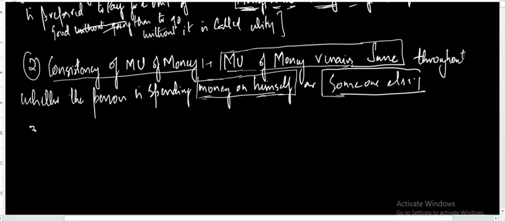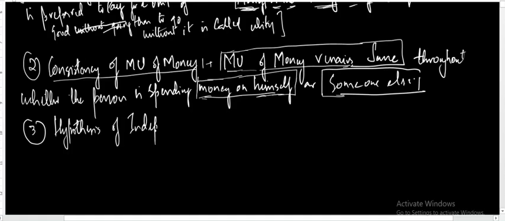The third one is the hypothesis of independent utility. Now, what does this theory assume?